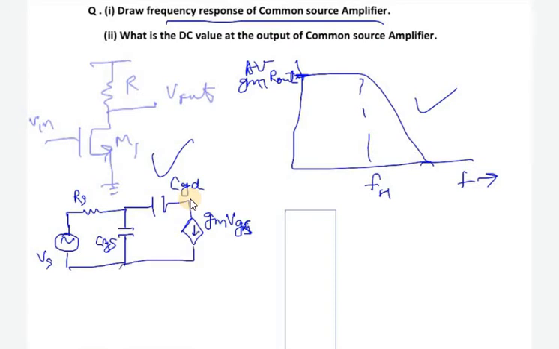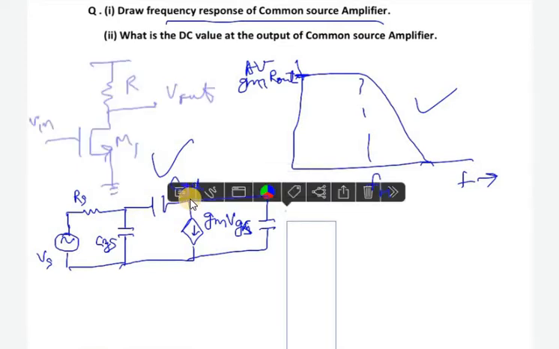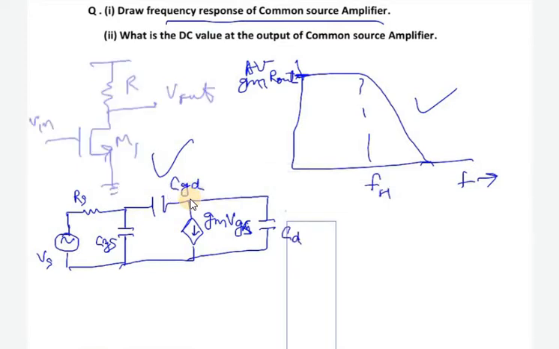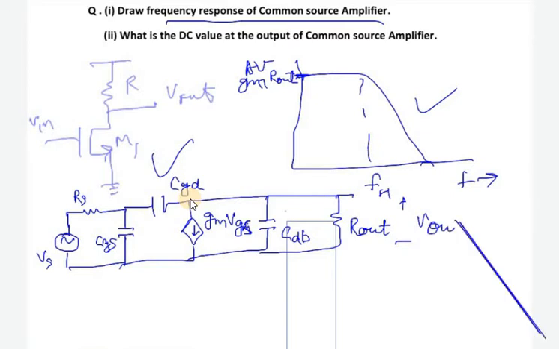Now, if you take the bulk, then this is CDB, and one more thing, you can take some Rout also, Rout or RL, whatever you want to take. Here we are taking some Vout.